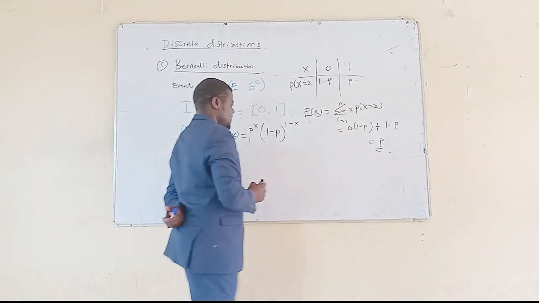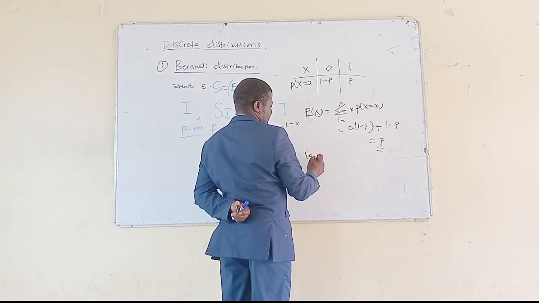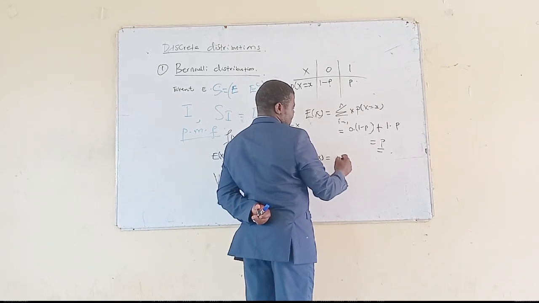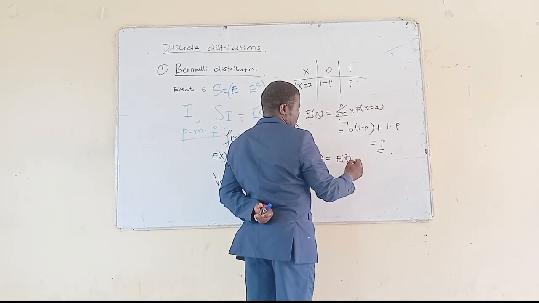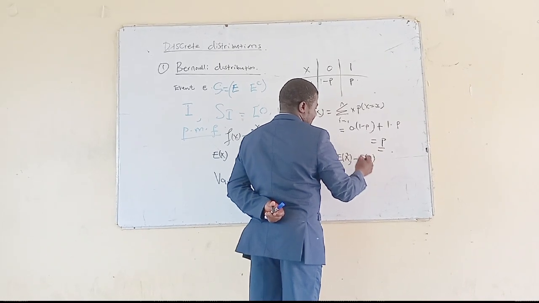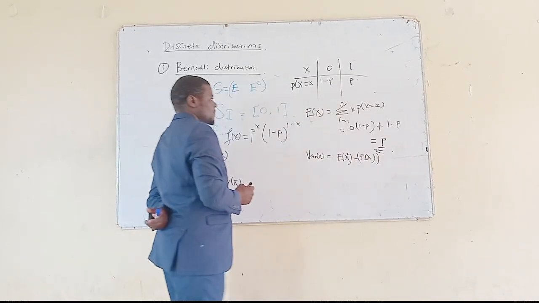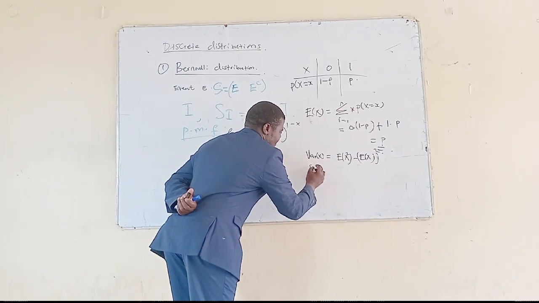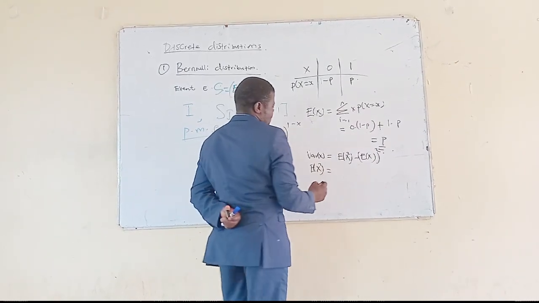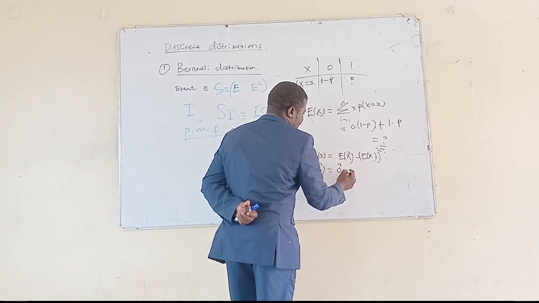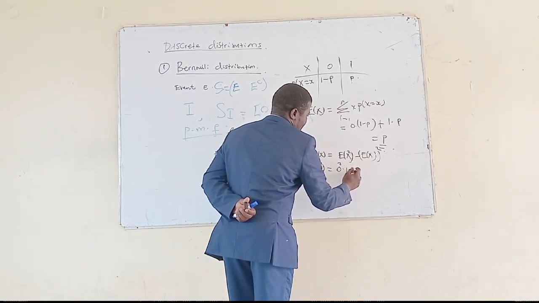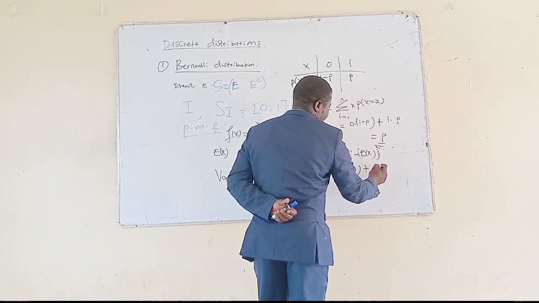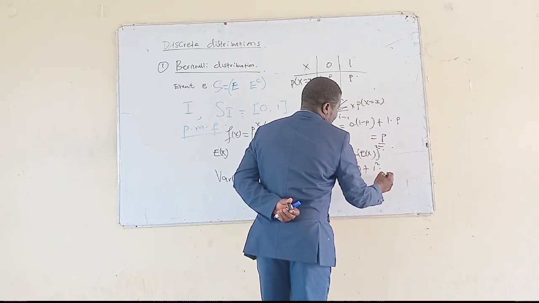What about the variance? Variance of X. The variance is given by expectation of X squared minus expectation of X, but now we square this. So expectation of X squared will be 0 squared times 1 minus p plus 1 squared times p.